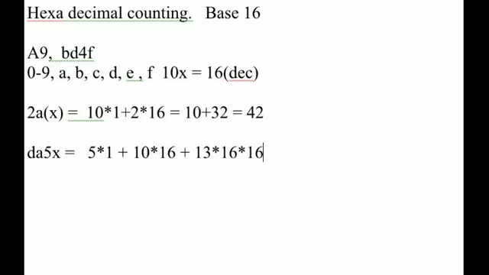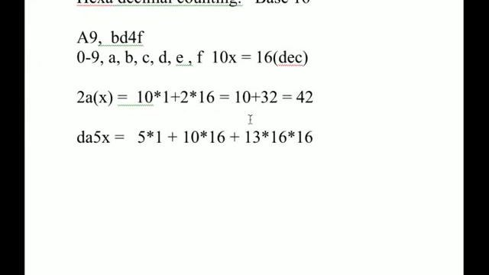Because when we go to the left, every time we go one digit to the left in the hexadecimal number, the value of that digit is more. If it was decimal, the value just multiply by 10. But because it's hexadecimal, the value multiplies by 16.